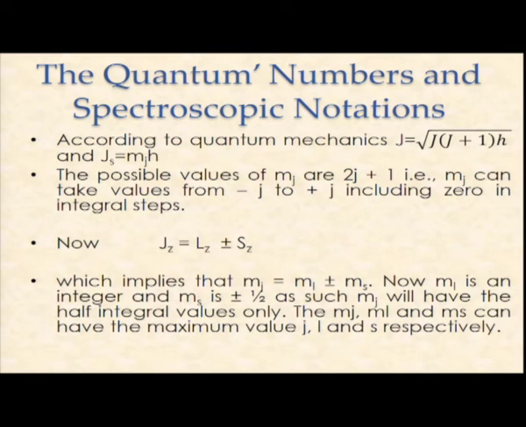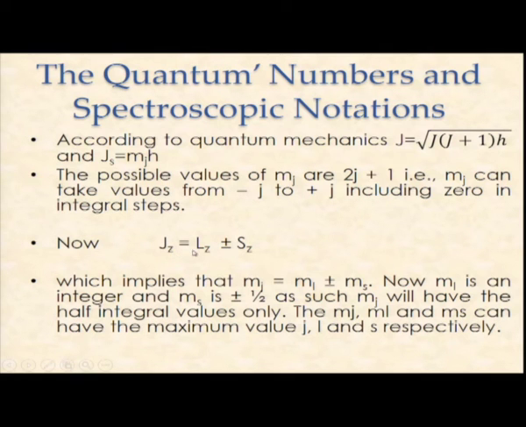According to quantum mechanics, the total angular momentum can have the magnitude square root of j into j plus 1 into h, and jz is equal to mj into h. So, the possible values of mj are 2j plus 1, that is, mj can take values from minus j to plus j, including 0, in integral steps.